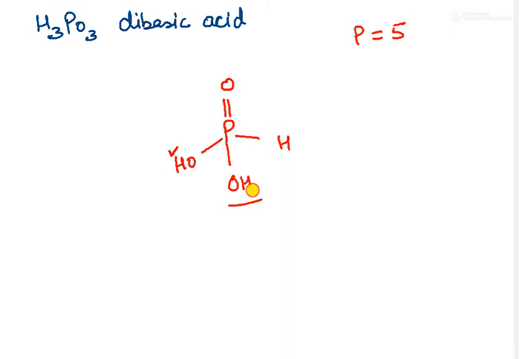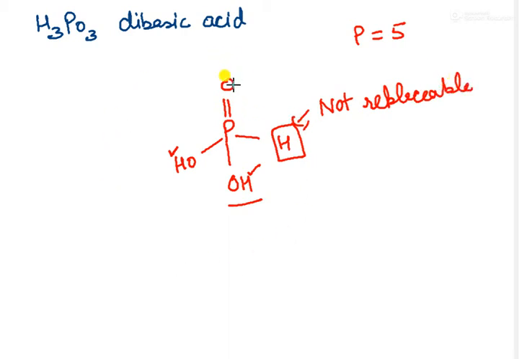In this OH also, if we replace the hydrogen, the phosphorus valency will not be affected because phosphorus is directly attached to the oxygen. But if we replace this hydrogen, then the phosphorus valency will be affected and it will not be stable. So this hydrogen is not replaceable. In phosphorous acid, only 2 hydrogens are replaceable.